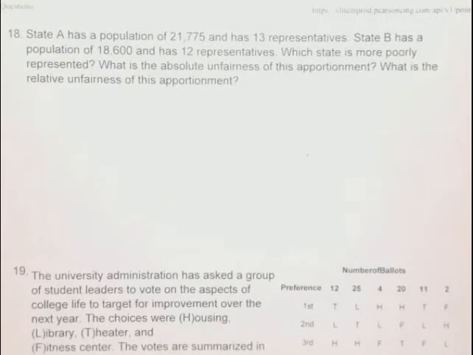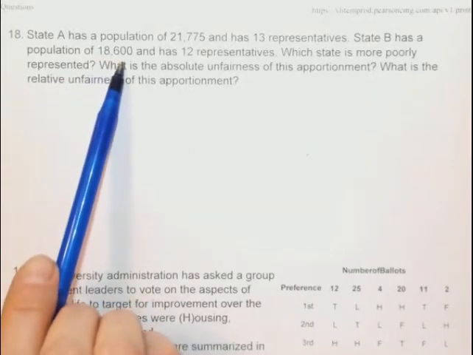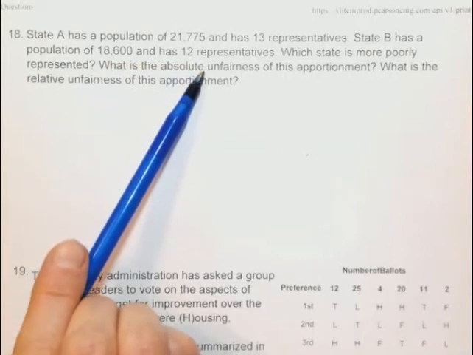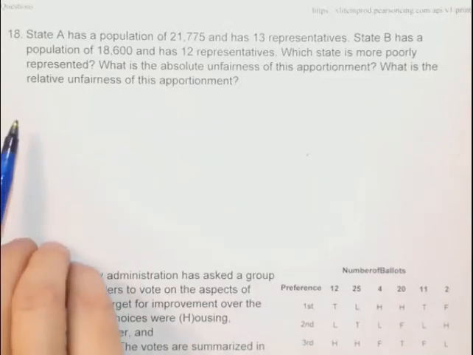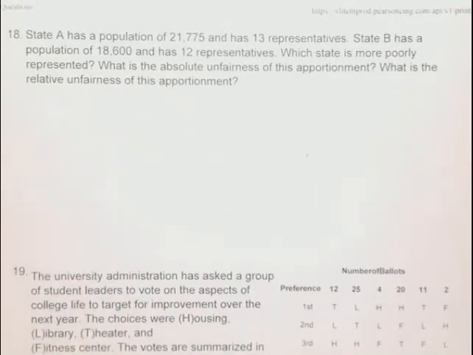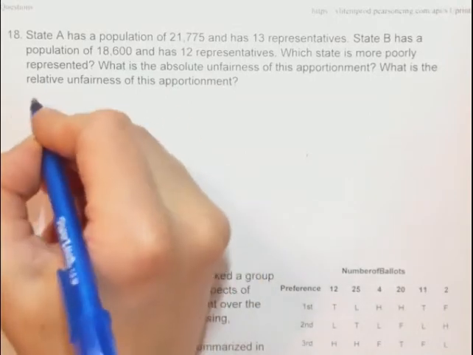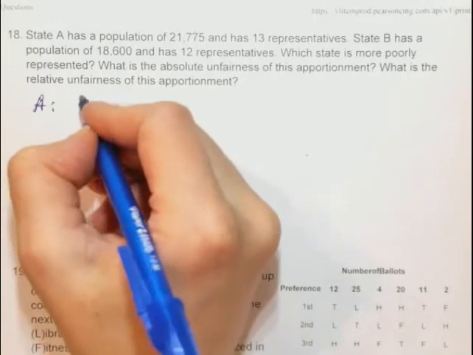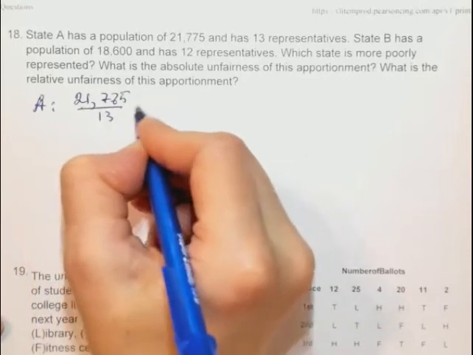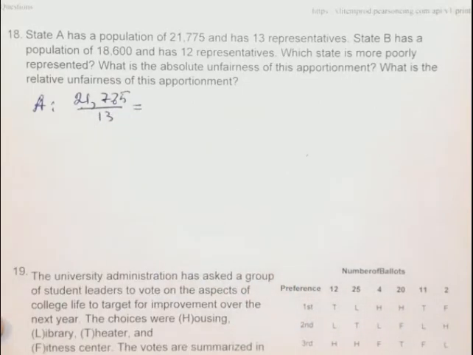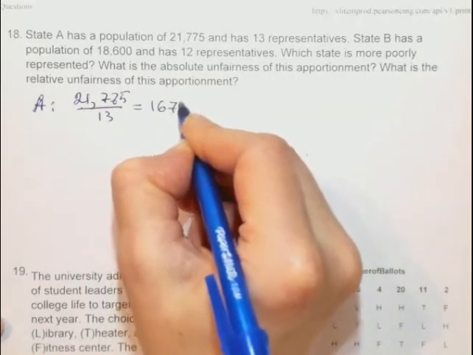State A has a population 21,775 and has 13 representatives. State B has 18,600 and has 12 representatives. Which state is more poorly represented? So we have to find the constituency for each state. For state A, constituency is 21,775 divided by the number of representatives, and it is 1675.